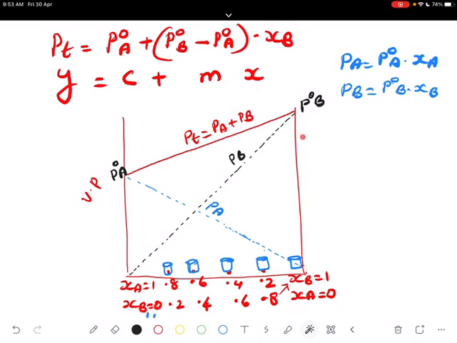XB is 1 means pure vapor pressure. Now in this mixture, it is less. Here it is 1, it is less. That means accordingly the vapor pressure is decreasing. And in this mixture from 0.8 to 0.6 it is decreasing. So PB is decreasing. In this mixture 0.4 again less. So the point is here. And in this mixture there is no XB, so no PB. PB is equal to 0.